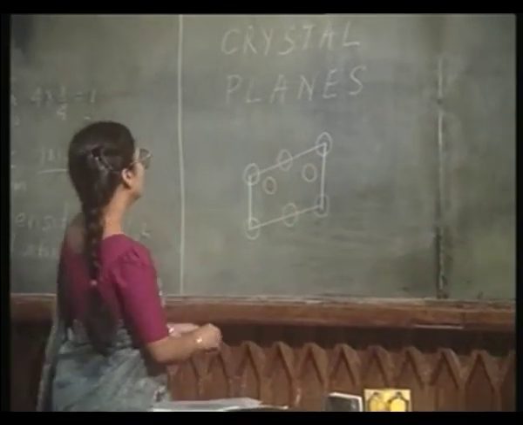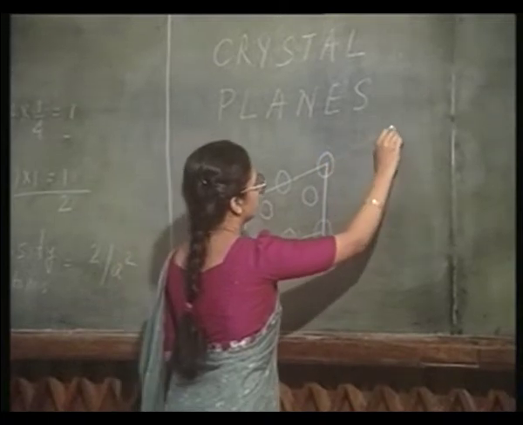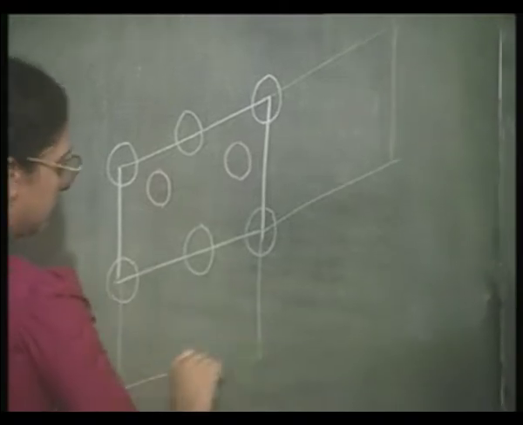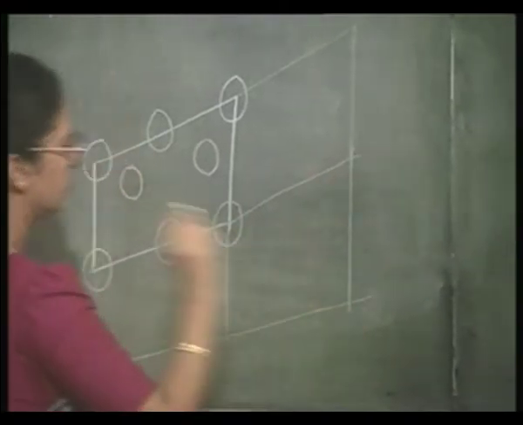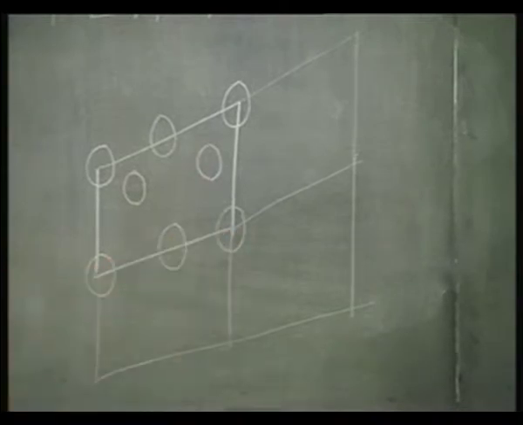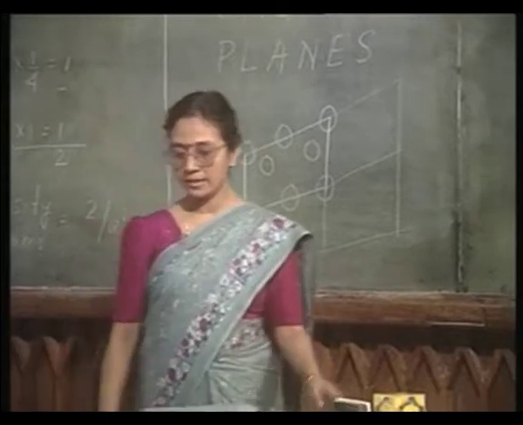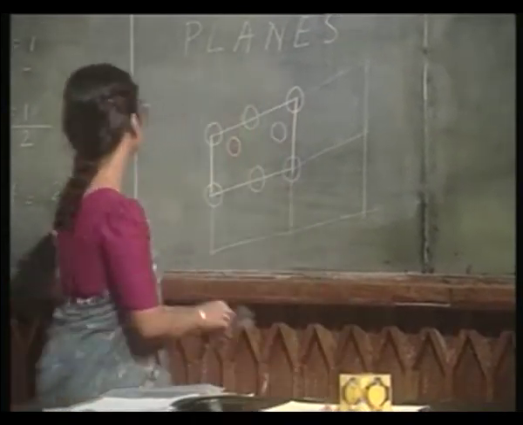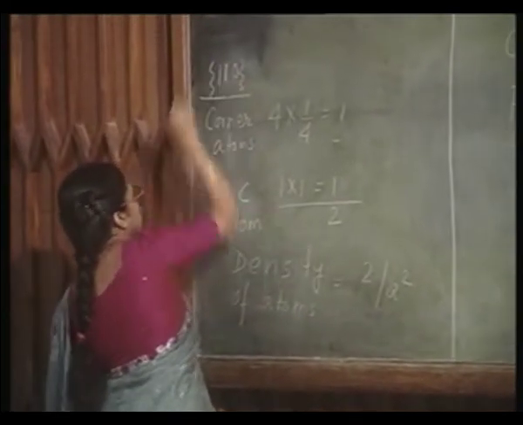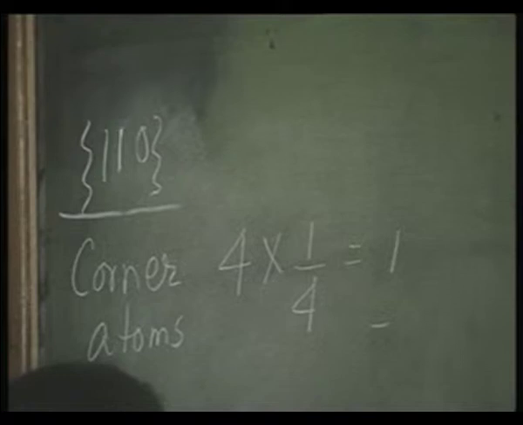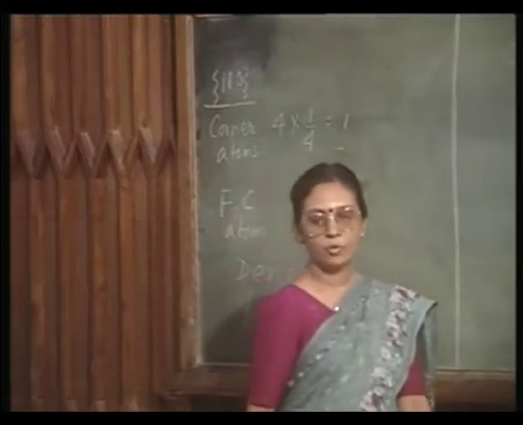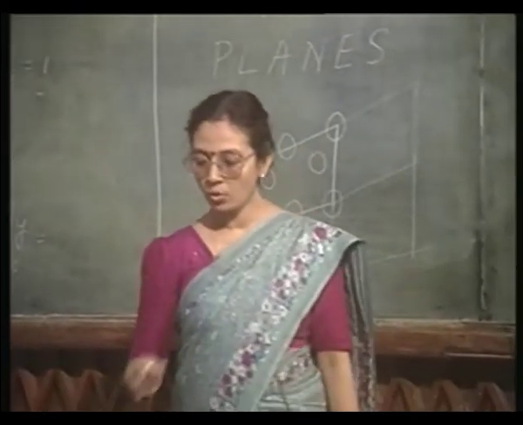Again as before, if I try to extend it, you can see each corner atom is shared by 4 1 1 0 planes. Therefore, the contribution of the corner atoms is 4 into 1/4, that is 1.